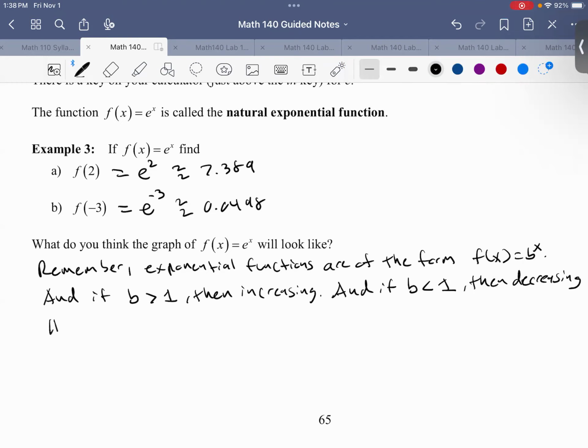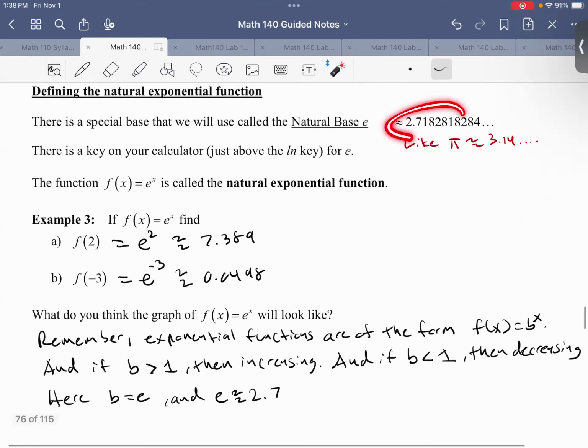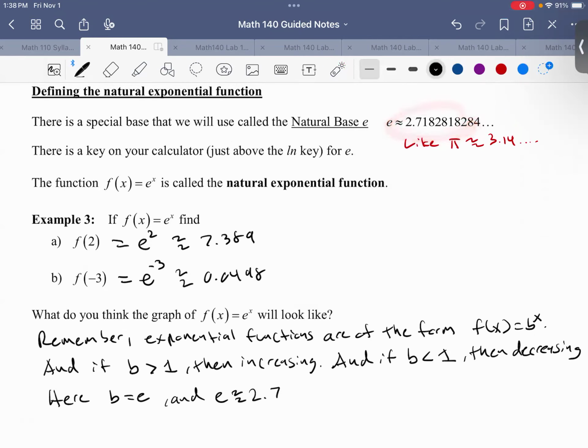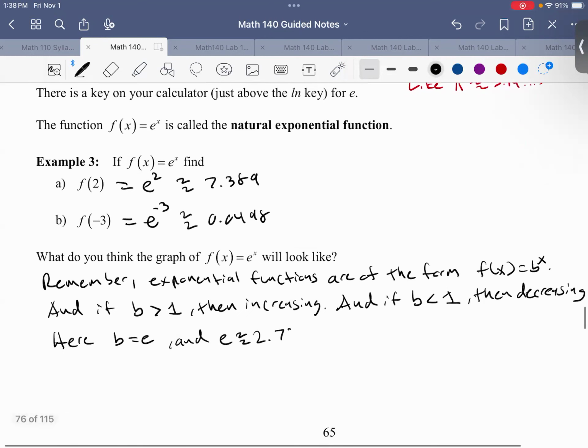Okay, but here our base is e, and e is approximately 2.718 dot dot dot, so 2.72. So here we are increasing.